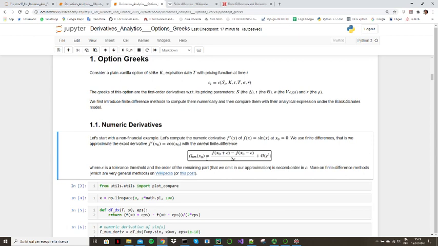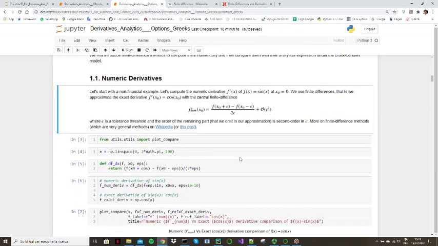Epsilon is a small number, and it's guaranteed that under certain regularity conditions of the function, the approximation error that you make, so the remainder that would make this expression exact, is at most as big as epsilon to the power 2. So it's very small, because a small number raised to the power 2 is even smaller.